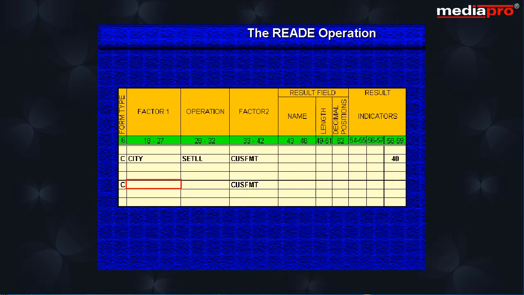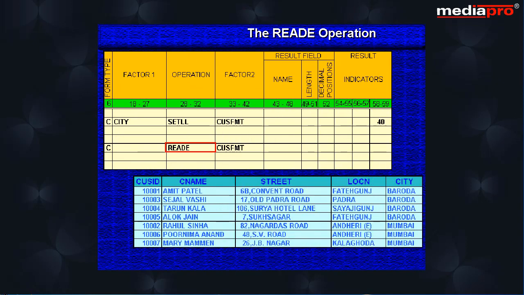You can also omit factor 1 if the file cursor has been positioned using SETLL, SETGT, READ or READE operations. These operations can be used within a loop to process a set of records with duplicate key values.